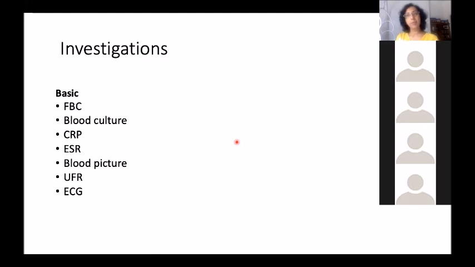Okay, thinking in terms of an acute infection. The acute infections we considered are infective endocarditis, mycoplasma infection, and typhus. So what investigations would you do? Now we have done a blood culture, but that's not adequate. Anything else? Echocardiogram. Yes, very good. So you have to do a 2D echocardiogram. You need to see whether there are any vegetations, right?